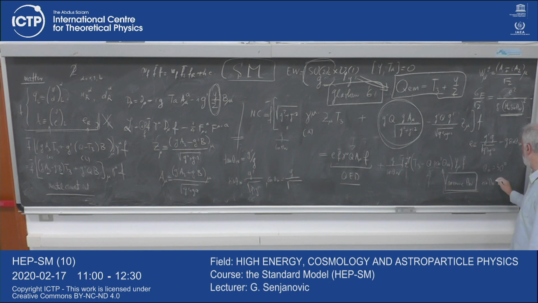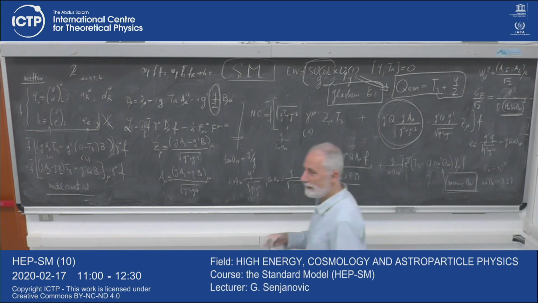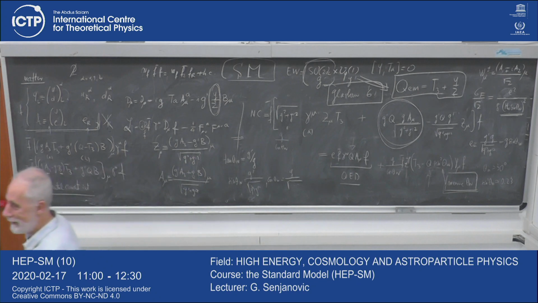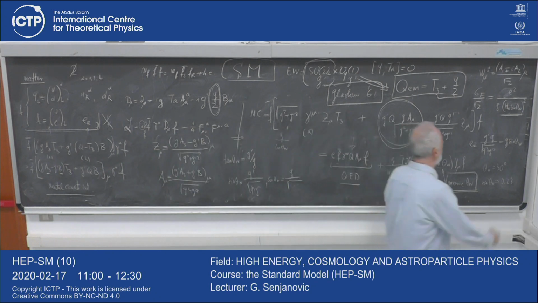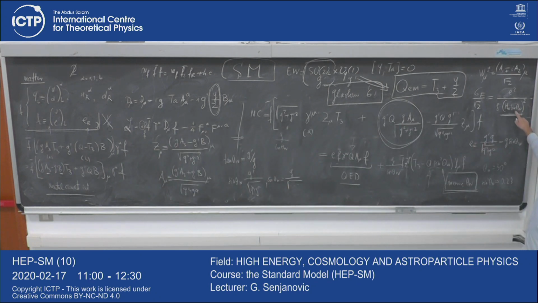I don't know if you remember it. It's almost a quarter. So sometimes, when you want to see quickly what is going on, put a quarter there. Put 30 degrees, some numbers may become zeros, then you have a quick estimate. So you see from here, once I know theta W, I know G F, I know E squared.